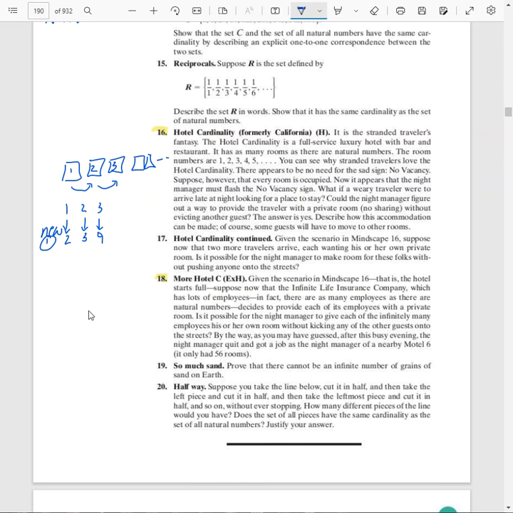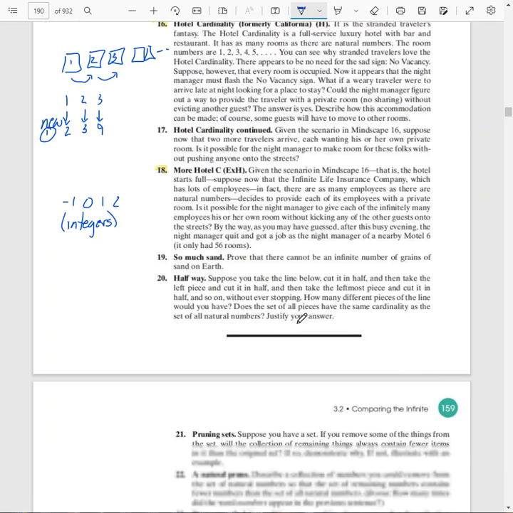We would map it just like we would the integers, which we saw earlier. Sorry, I was trying to think about how to draw that as a hint, but I'm just going to send you back up to where they talk about the integers. That's my hint for that one. And the night manager said, screw this, I'm out.